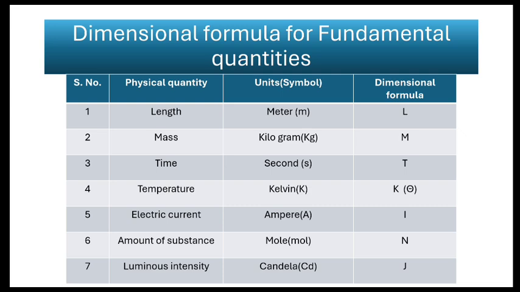Around 100, 150, 200 equations are there in physics, and we can write a dimension formula for every formula in physics. That's why every formula in physics is important for the IIT JEE or NEET examination. So learn all these dimensional formulas and apply this knowledge of fundamental quantities to real equations.